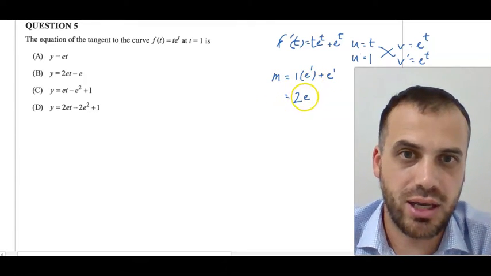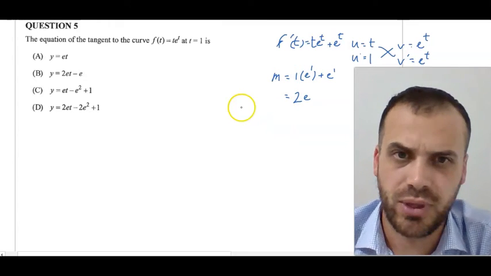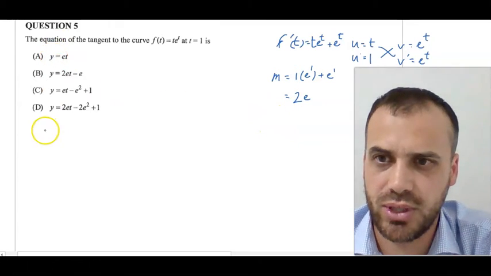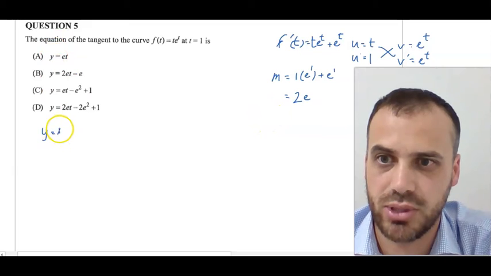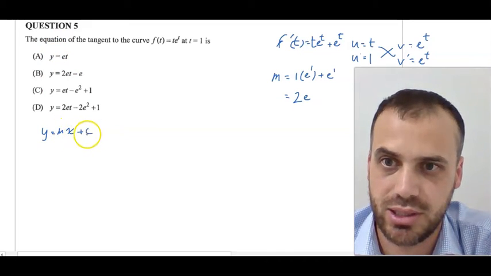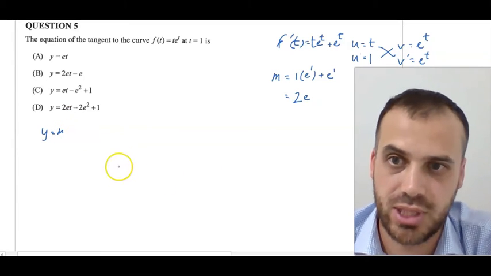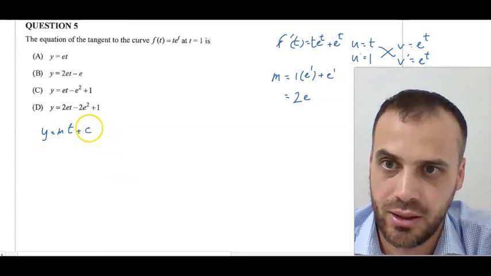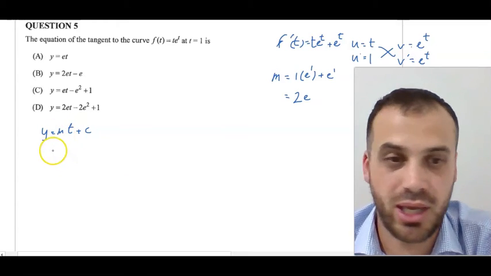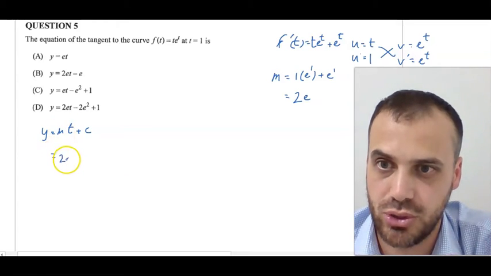So I have a gradient now of 2e. All right. Now I'm looking for something of the form y equals mx plus c, not mx, mt plus c. All right, so I know my m is equal to 2e.